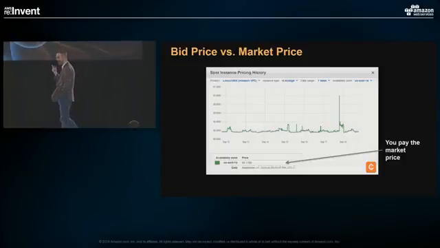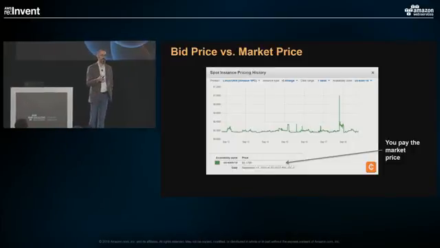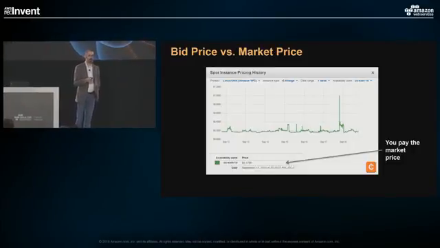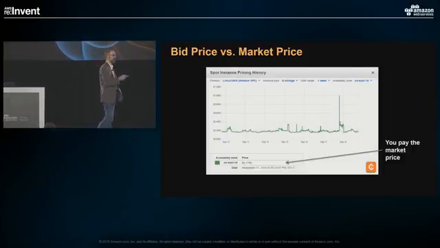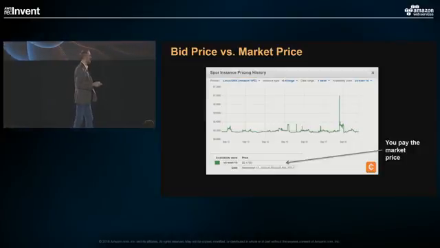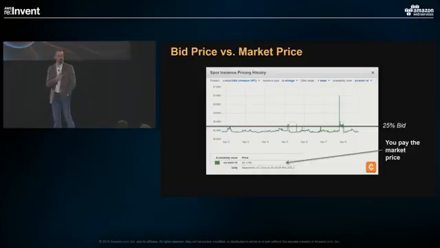And if we start thinking about what our bidding strategies are to get the maximum value from the spot market, let's take a look at a couple different bidding strategies, right? Let's take a look at a 25% bid. So you bid 25% of the on-demand price, which means you'll keep your instance in this case for almost 7 days.